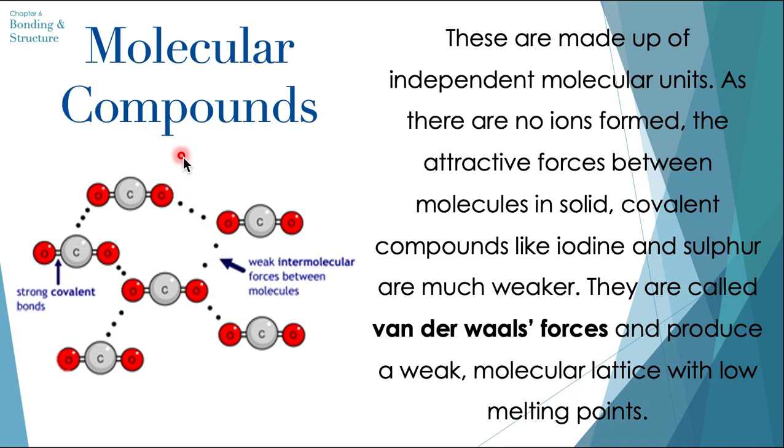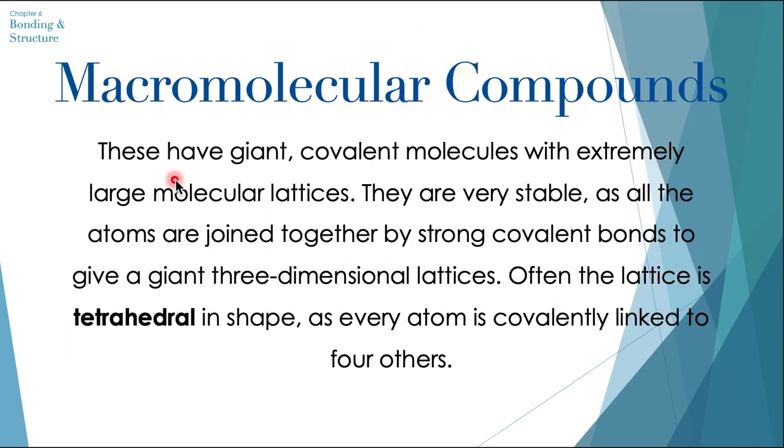These are the molecular compounds, and now we're going to look at those covalent compounds which form giant molecular lattices. And these are called macromolecular compounds. Now, these have giant covalent molecules with extremely large molecular lattices.